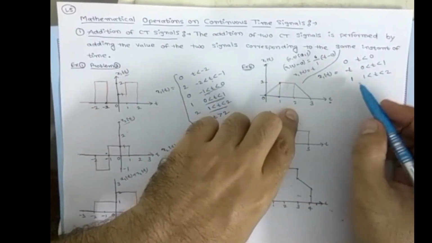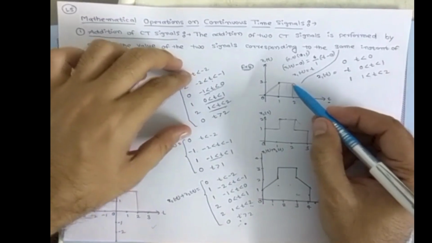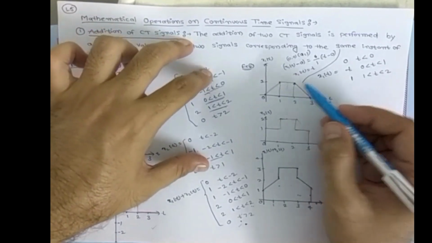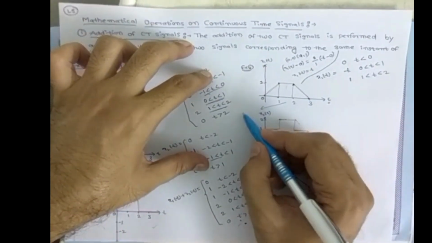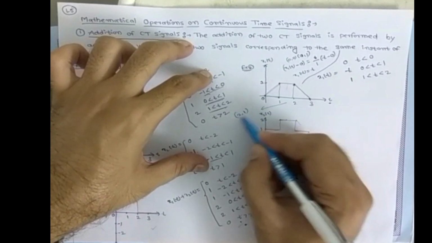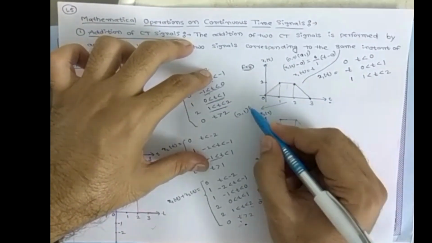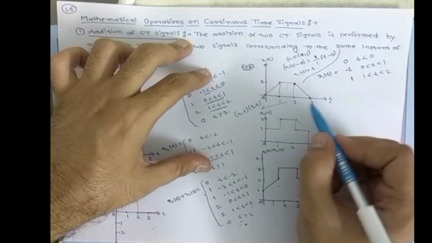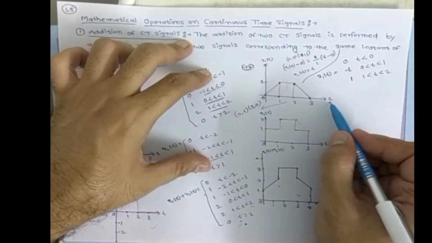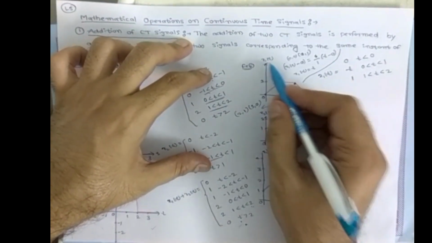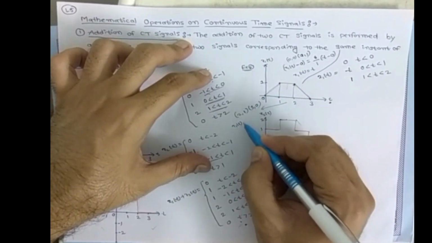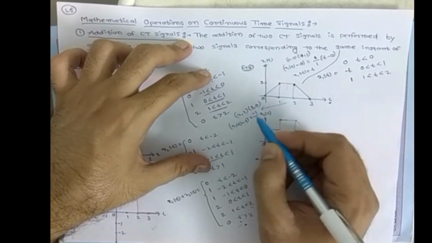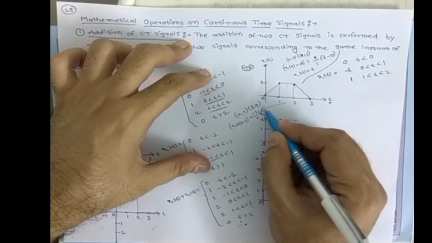Next, what is the equation for this one? If we take 2 points here, what are the points we have? Here 2 comma 1 and here 3 comma 0. If you write the equation for this one, the x-axis is t and the y-axis is x1 of t. x1 of t minus 1 equal to (0 minus 1) by (3 minus 2), that is minus 1, times (t minus 2).